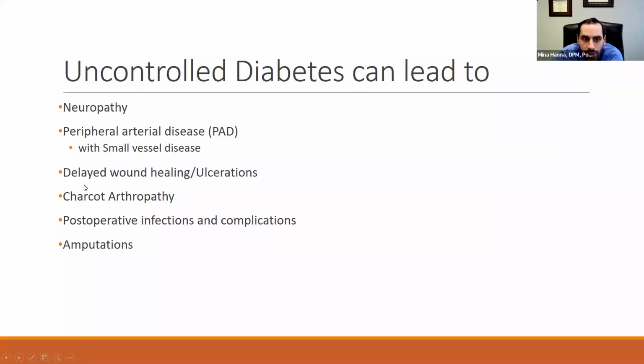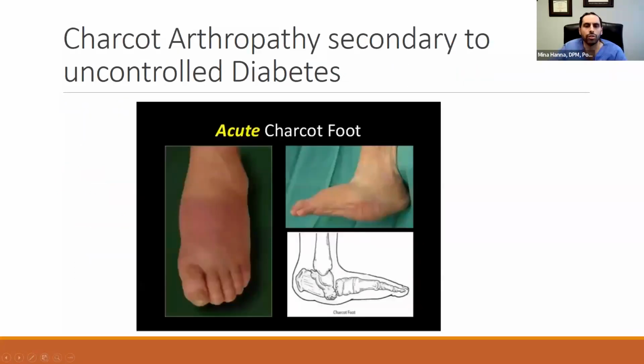So uncontrolled diabetes can lead to delayed healing, ulcerations, Charcot Arthropathy, which we're going to talk about in a second, infections, complications, and amputations. So Charcot Arthropathy is basically a condition secondary to diabetes. Usually a patient who has uncontrolled diabetes or hemoglobin A1C higher than 9 can develop this.